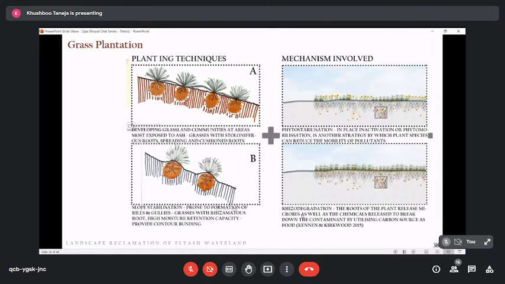If these mechanisms are supported by the grasses, they can help reduce the mobility of pollutants, and the microbes present in the grass can break down the carbon sources present in the fly ash. So grasses which support this mechanism were important to start our planting palette on the site.